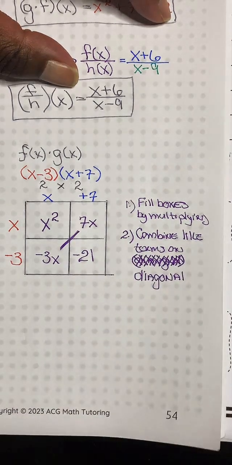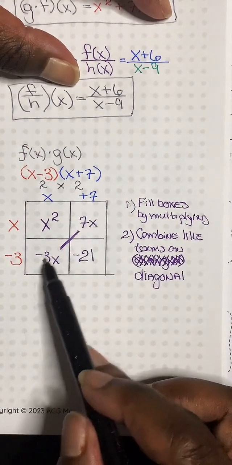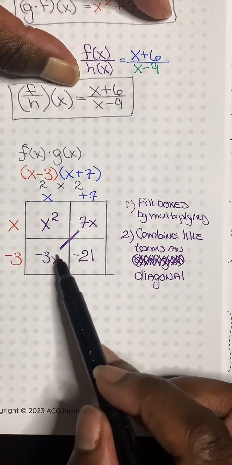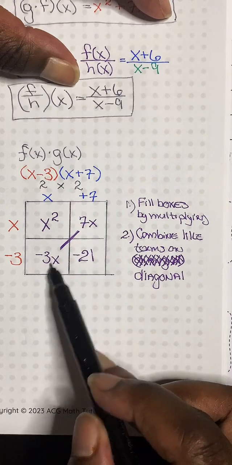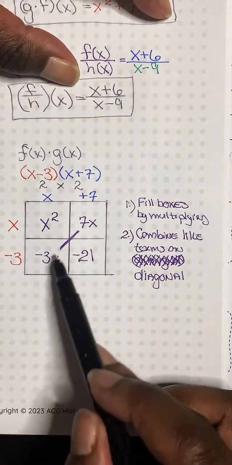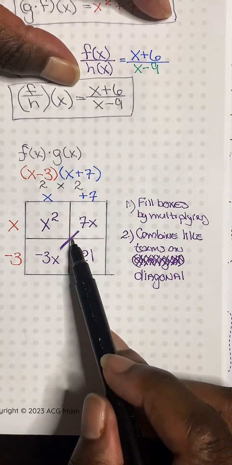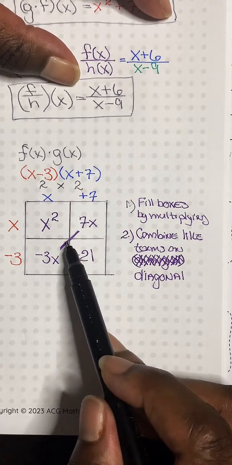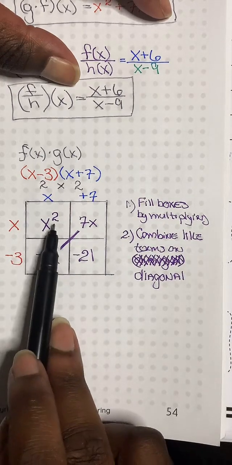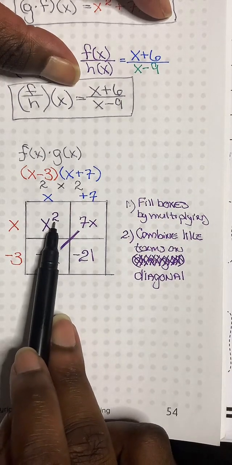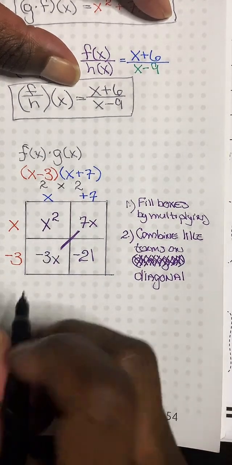Okay. So you're combining your like terms here on the diagonal. So you have 7x and negative 3x. So if I have $7 and I spent $3, that means I still have $4. Yay. So I'm going to start with my highest degree. Another name for degree is an exponent. Okay. So my highest degree is my x squared.